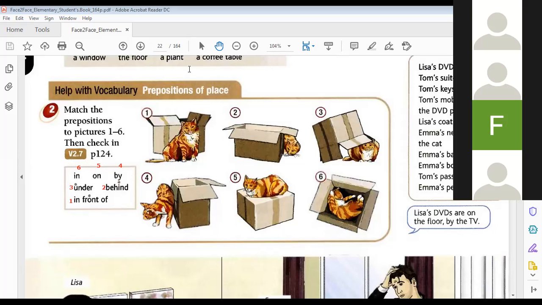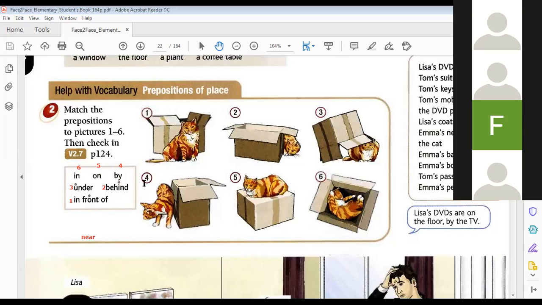There's another one they sometimes use, near. Near is a bit general, not specific about exactly where. It's close, that's all. For example, if the cat is a little far away, with some distance between the cat and the box, we can say near. The cat's near the box. But by, beside and next to mean adjacent or touching.